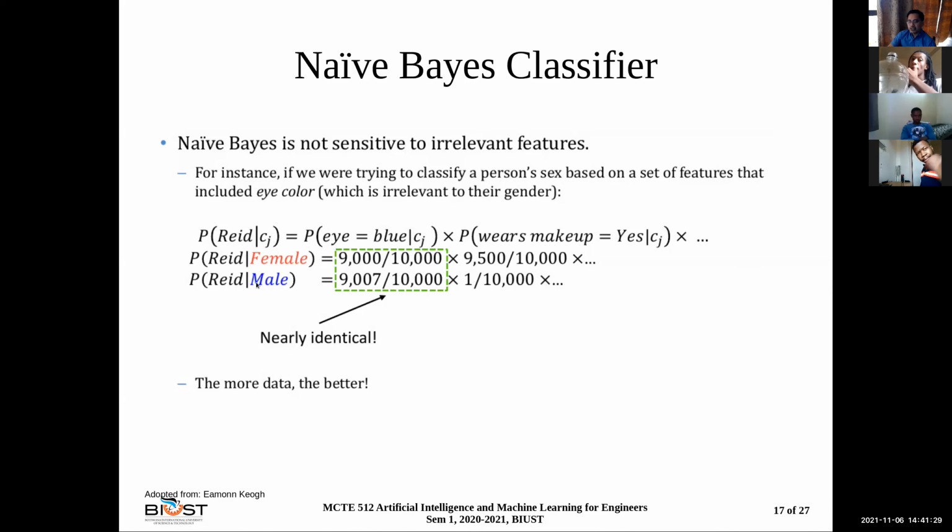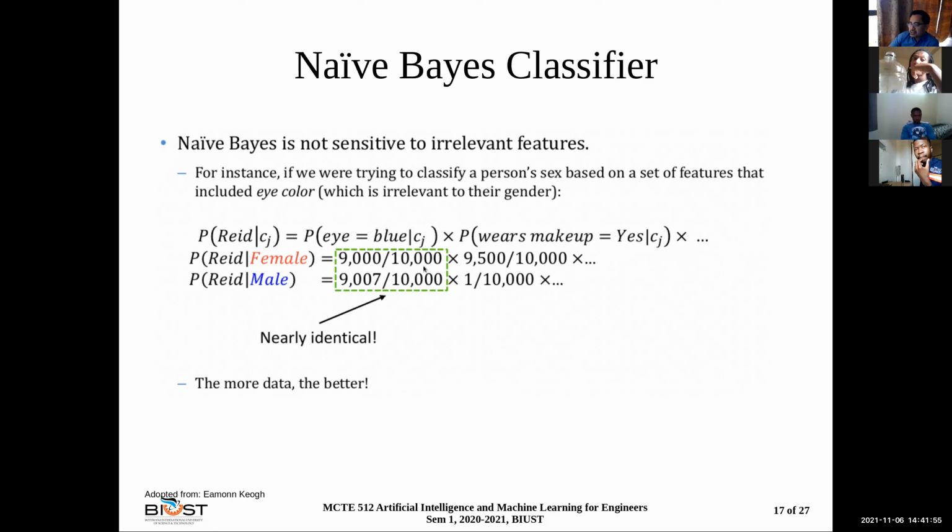And given that it is male, we multiply everything: eye color, makeup, and so on. In this case, they are identical. I guess this is just a hypothetical number. But if the eye color is almost identical, then this one becomes not significant.